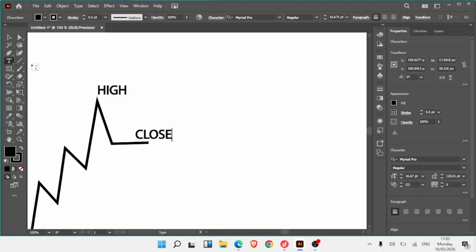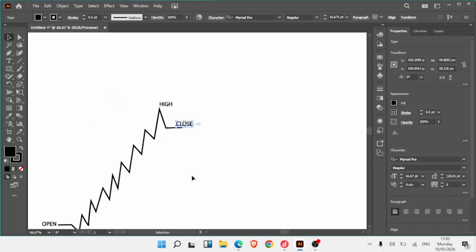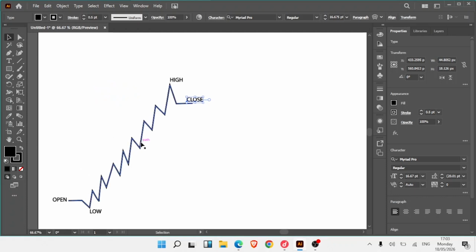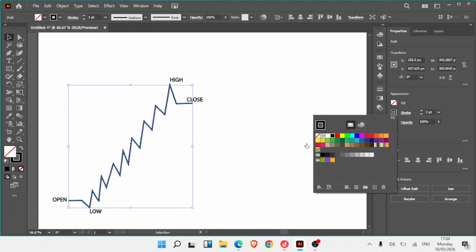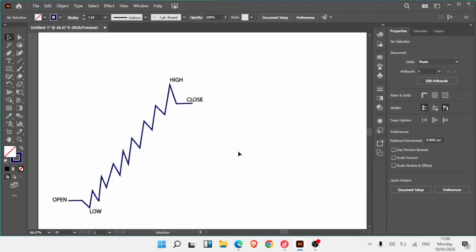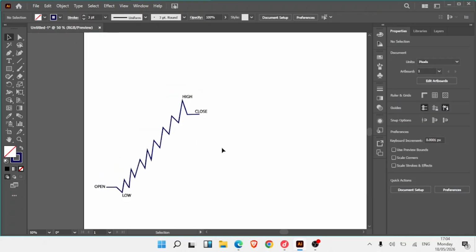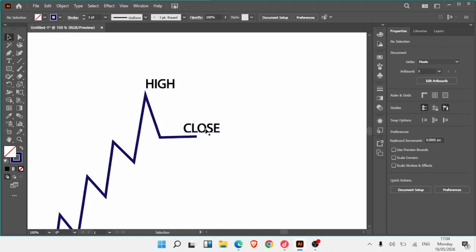So this is a typical example of open, low, high, close for the formation of a bullish candle, and this is a bullish market structure. I can make it a dark color so that it matches the typical candle colors.